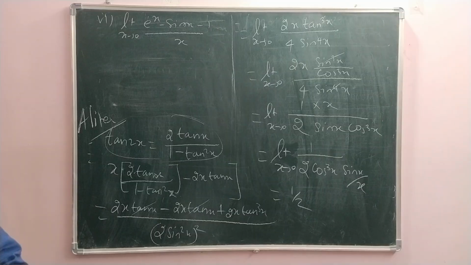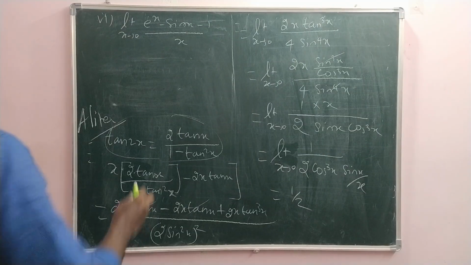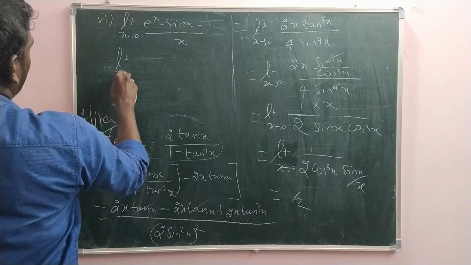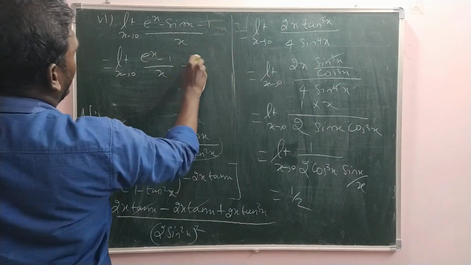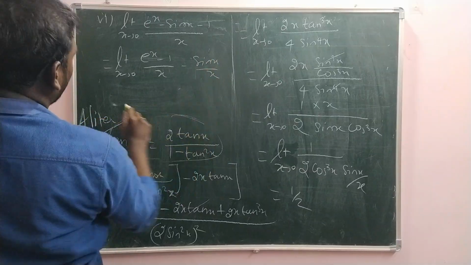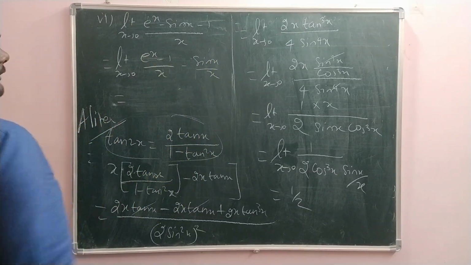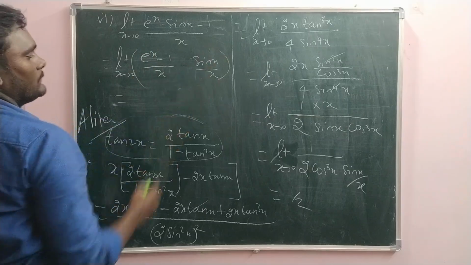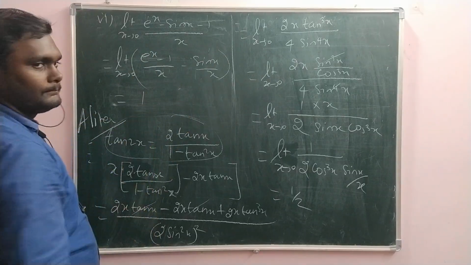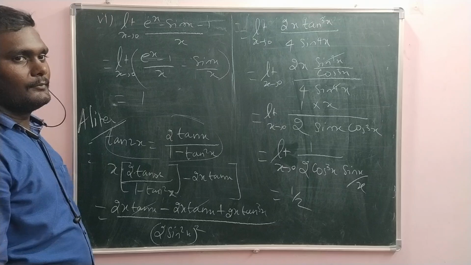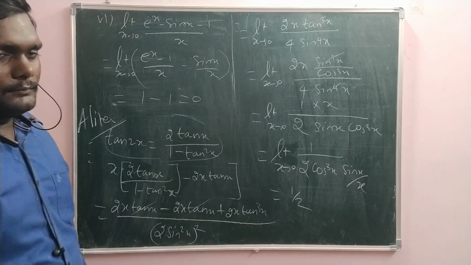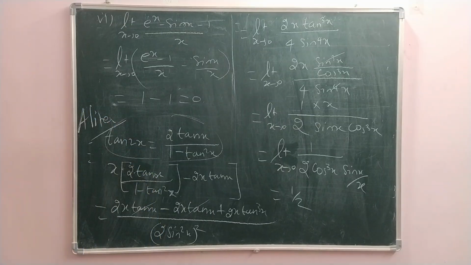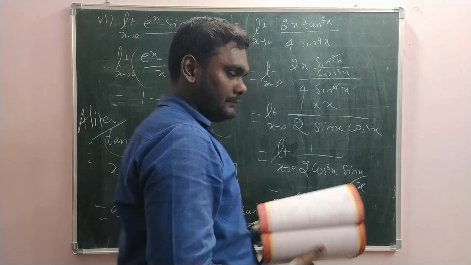Split it, that's all. How to solve? Remember, this is e power x minus 1 by x and then minus sin x by x. E power x minus 1 by x, we have formula, remember? That is hyperbolic function, that formula.